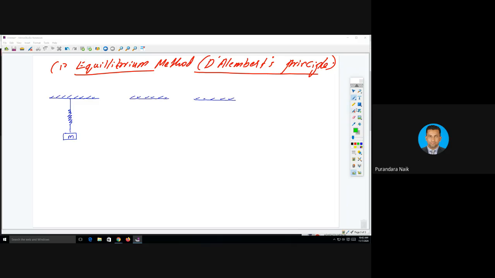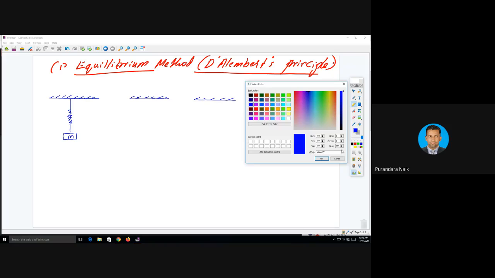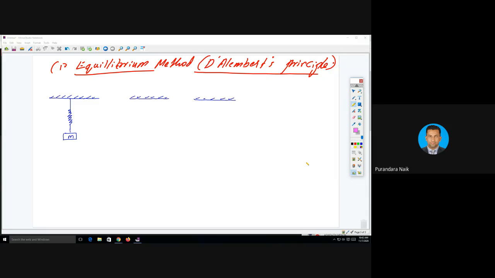We have the reference line. We will take it as this is my reference line. The mass is in the equilibrium position.